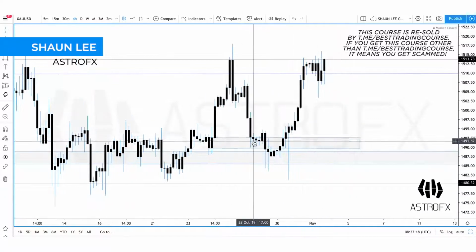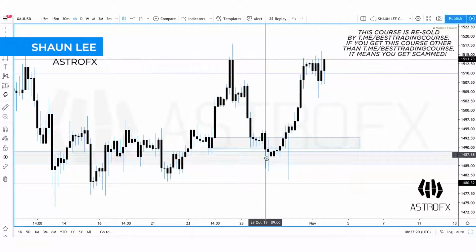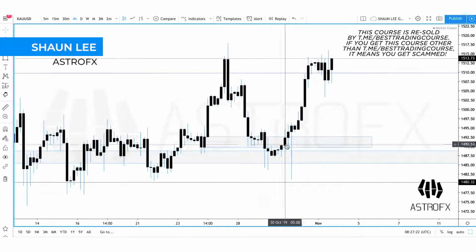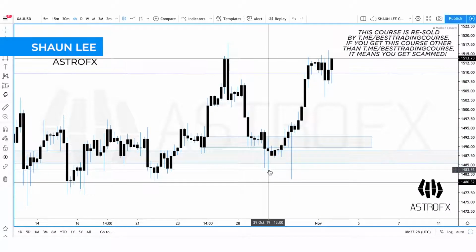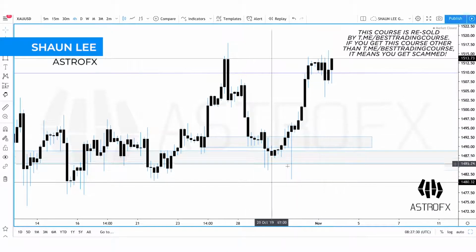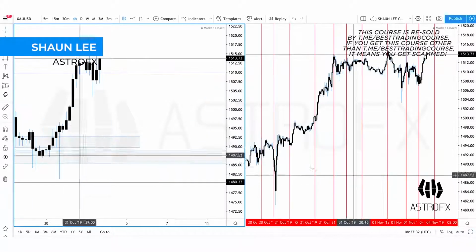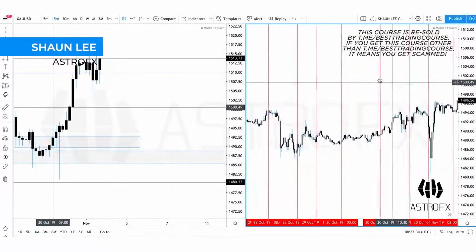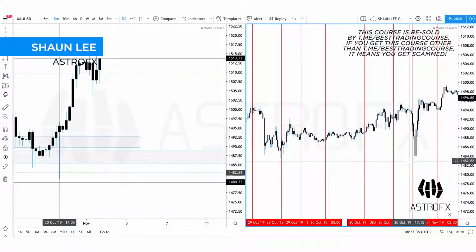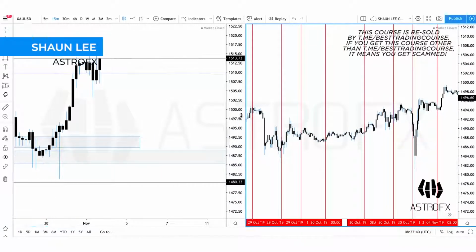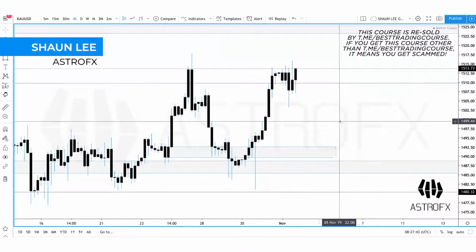Market did respect that to some extent, but then we drove a little bit lower, and we had the FOMC announcement, which was this candle right here, where it actually broke the previous lows, and we can break this down to a decent extent on our intraday time frame. We can put markups on, which will bring all of this together for us afterwards, but again, I'm just going to go over the overview for the moment.